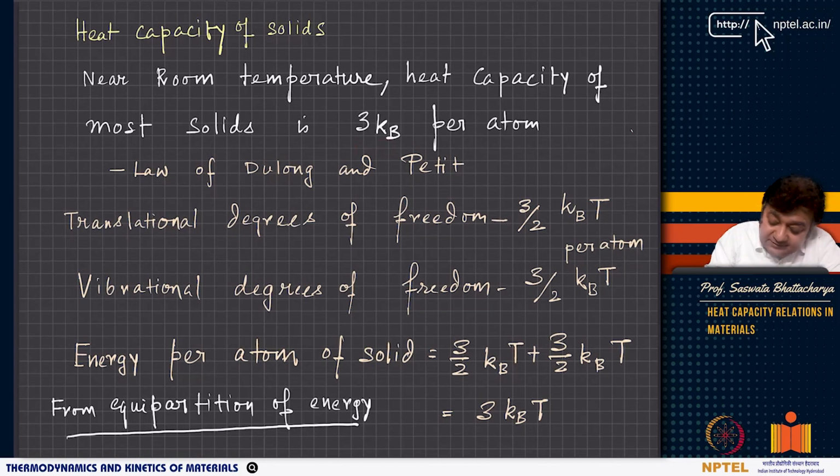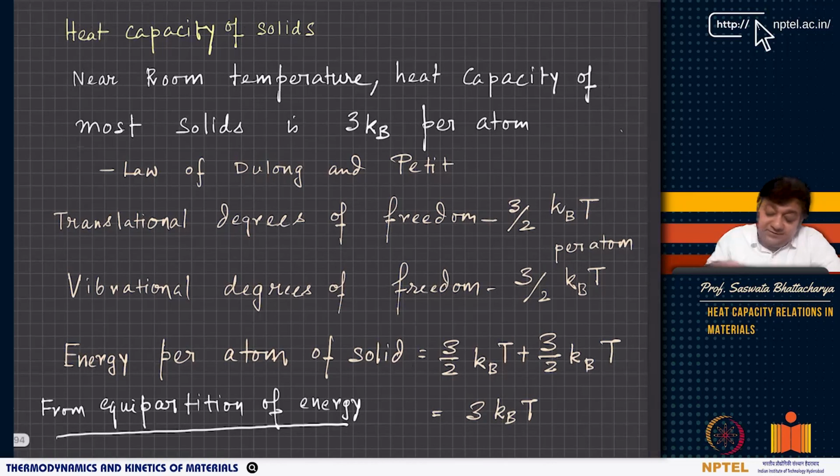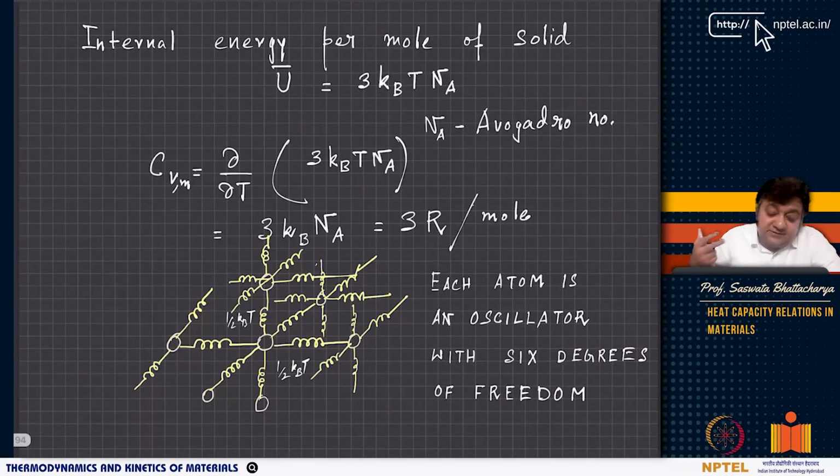That is something that was observed by Dulong and Petit. For most solids, whether it is copper, lead, or aluminium, it does not matter, the heat capacity is approximately 3 kB per atom. That is what Dulong and Petit stated.